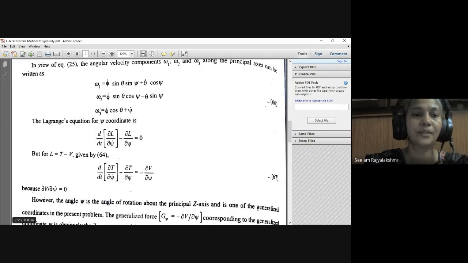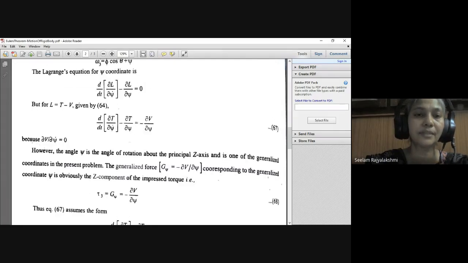But we have dou V by dou psi dot equals 0, that's why we are leaving out this term. Dou L by dou psi is nothing but dou T by dou psi minus dou V by dou psi. So only dou V by dou psi dot is 0, but not dou V by dou psi. That's why we are leaving out only dou V by dou psi dot equals 0.